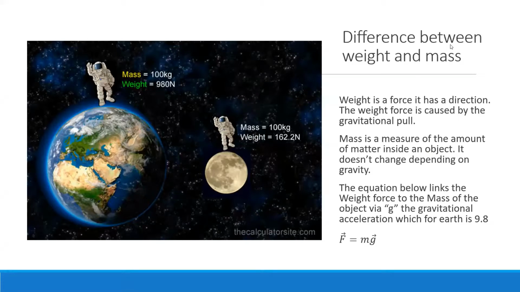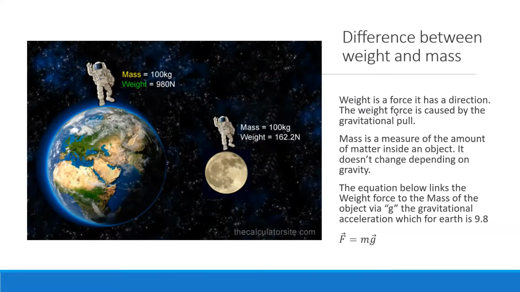So what's the difference between weight and mass? This is something that we talk about a lot in year 7, and then a lot in year 10 as well, so hopefully you guys don't need a refresher. But just in case you do, weight is a force. So we call it the weight force. It has a direction.